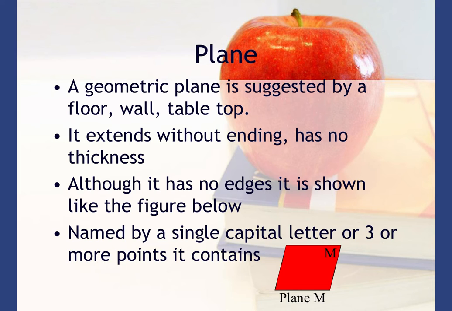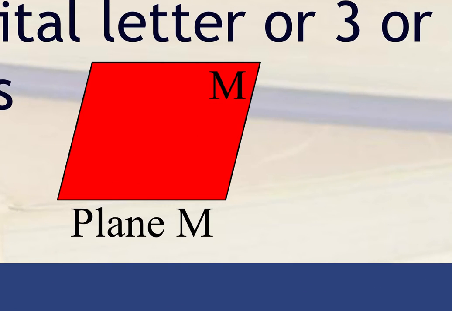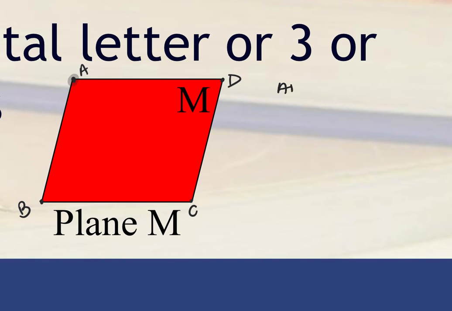And it's named by a single capital letter or 3 or more points it contains. So I can either call that diagram plane M. I can call it, like if this was point A, and this was point B, and this was point C, and this was point D, I can actually call it ABC. I could call it BCD.